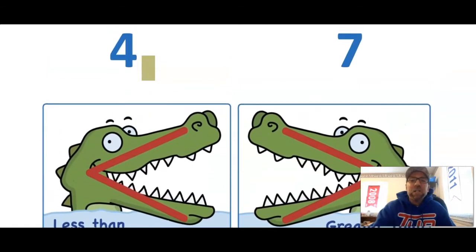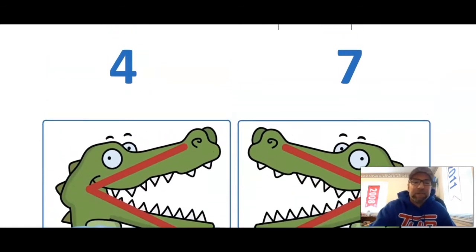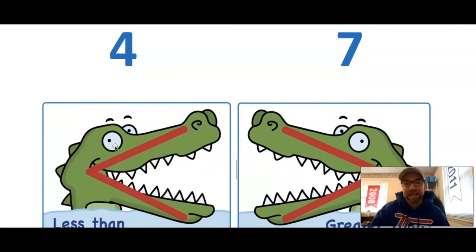Now let's take a look at our 4 and 7. Which number is the bigger number? Is it the 4 or the 7? Well, the 7 is the bigger number. So watch what I do. I take my alligator and I have my mouth pointing to the 7.